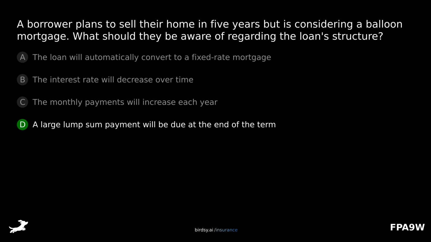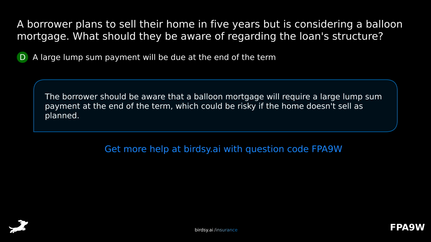The answer is D, a large lump sum payment will be due at the end of the term. The borrower should be aware that a balloon mortgage will require a large lump sum payment at the end of the term, which could be risky if the home doesn't sell as planned.